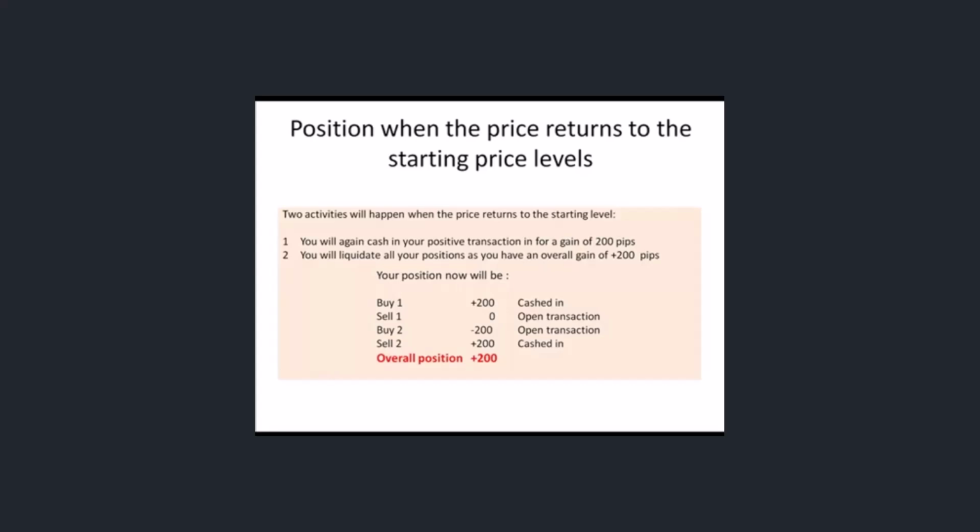Your first sell then becomes neutral because the price has moved back to the same price level, and the buy that you had at level 1 has now become negative 200, but you've been able to cash in the sell at that point. If you add that all together, you've got a cash in there and a cash in there. You're carrying one negative and one break even. If you add them together, it's an overall position of plus 200.